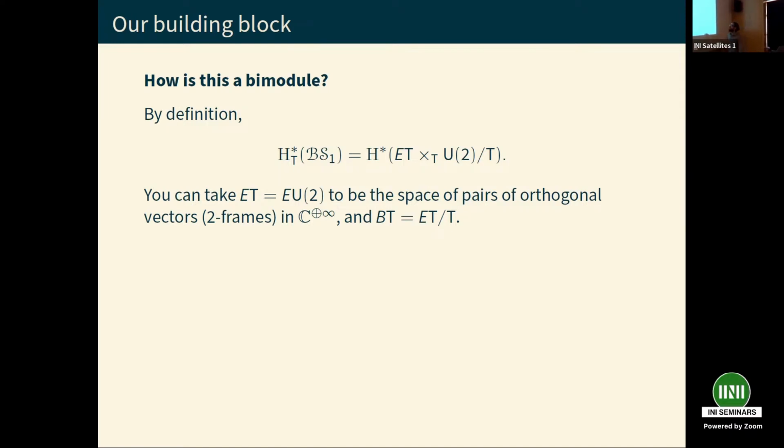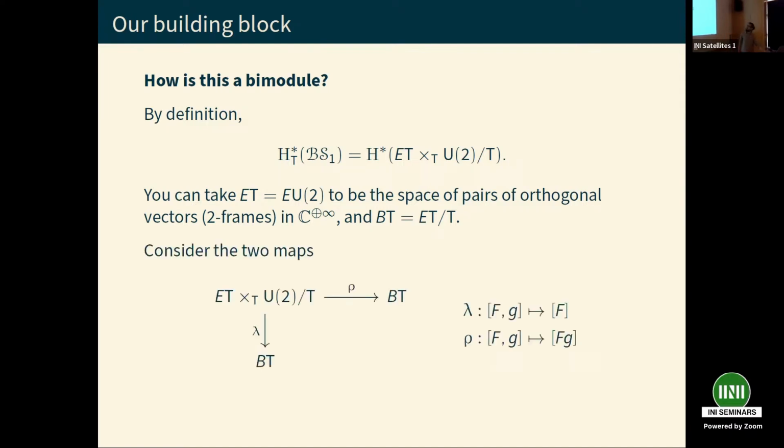So what happens is there are two very naturally defined maps from this so-called Borel construction into the classifying space. You have a frame and a matrix which represent an element here, then I can either just remember the frame to represent an element of the classifying space, or rotate the frame by the matrix, because secretly I can also act on a frame by an element of U2, and then that new frame represents something in B.